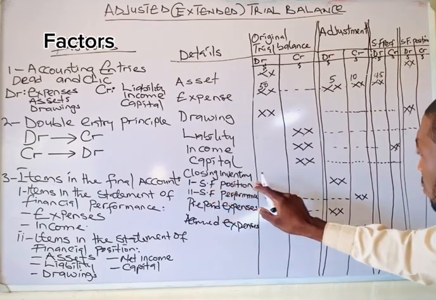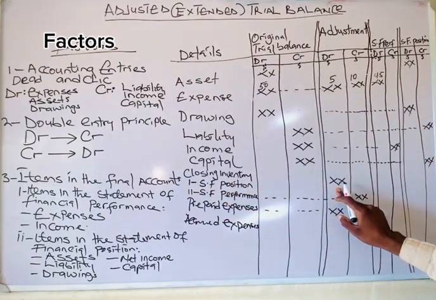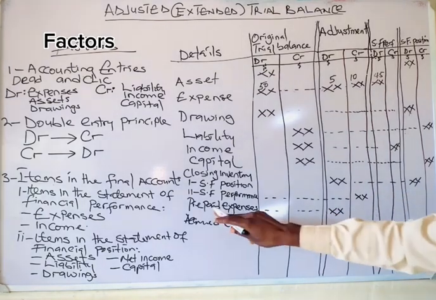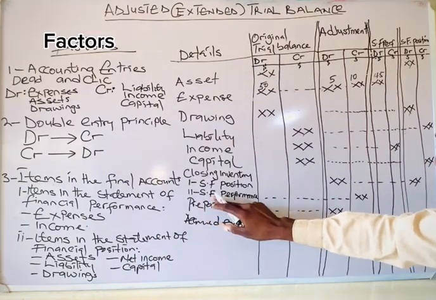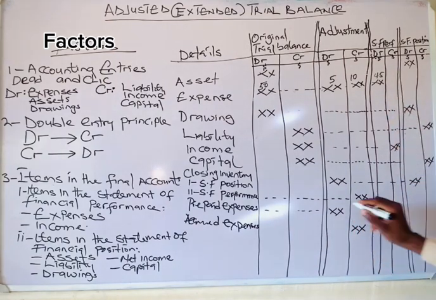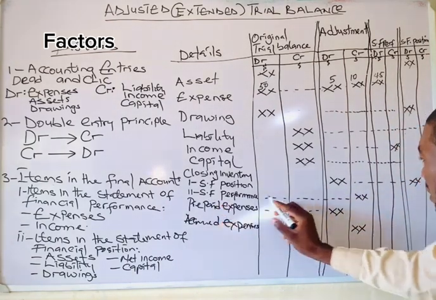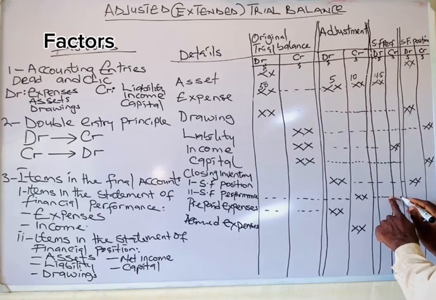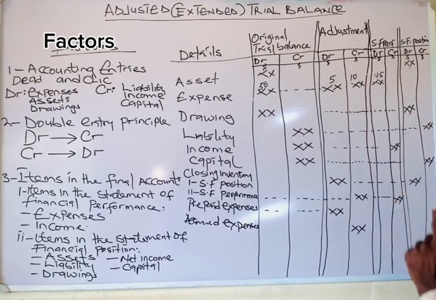Closing inventory. One, statement of financial position, as you can see, is debit. You debit your statement of financial position, and statement of financial performance, you credit it. Simple.